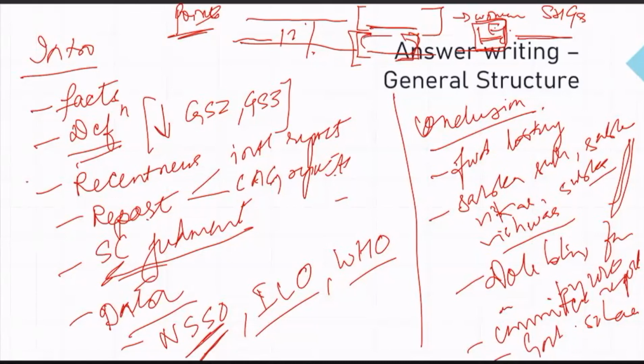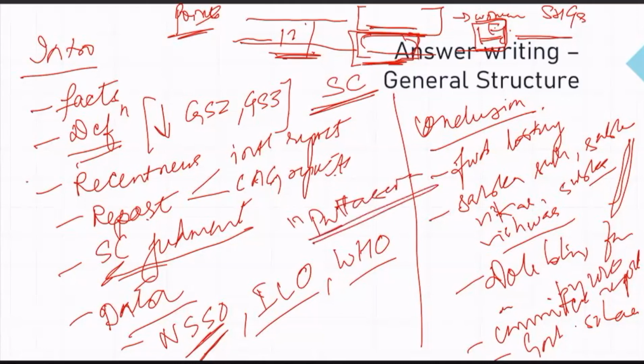And do underline your report, committee name or report name. Do underline the fact. If there is something important, if you're mentioning somewhere that a Supreme Court judgment was there, then do underline the Supreme Court. And if it is possible to write a Supreme Court judgment name, like there is the Puttaswamy judgment, if you're mentioning the name also, it would be good, and you can underline it.